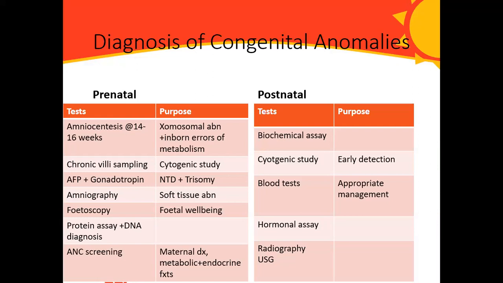After the child is born, we can do biochemical assay. Cytogenetic study can be used for early detection of many congenital abnormalities. Blood tests may be ordered as appropriate. We can do hormonal assay and all that. So these are different ways of diagnosing congenital anomalies in children.